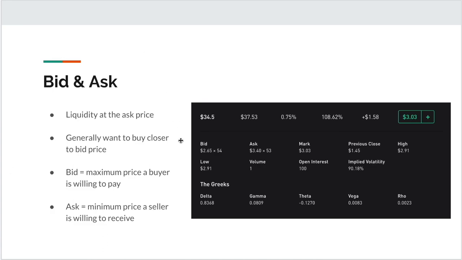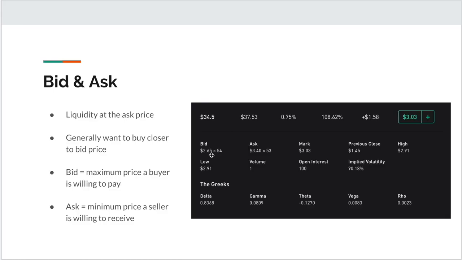So taking this back into the stock market, you are seeing a bid that's $2.65, as shown in this example, and the ask is $3.40. There are 54 people willing to pay $2.65, and there are 53 people asking for $3.40. Then you can see that there is not an agreement between both parties on how much this option is actually worth.